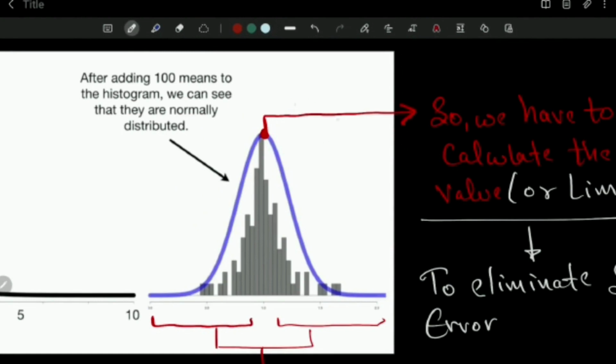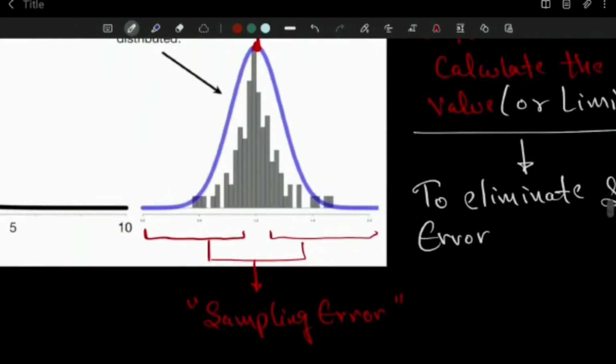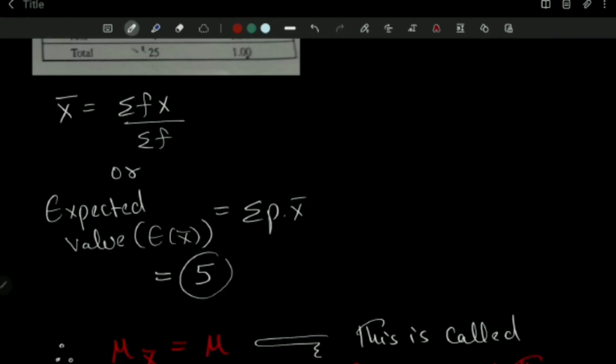So this central value is equal to the mean of the population. Now how do we calculate the central value? Obviously by averaging all the means of the sample mean distribution, or in other words, calculating the mean of sample means.